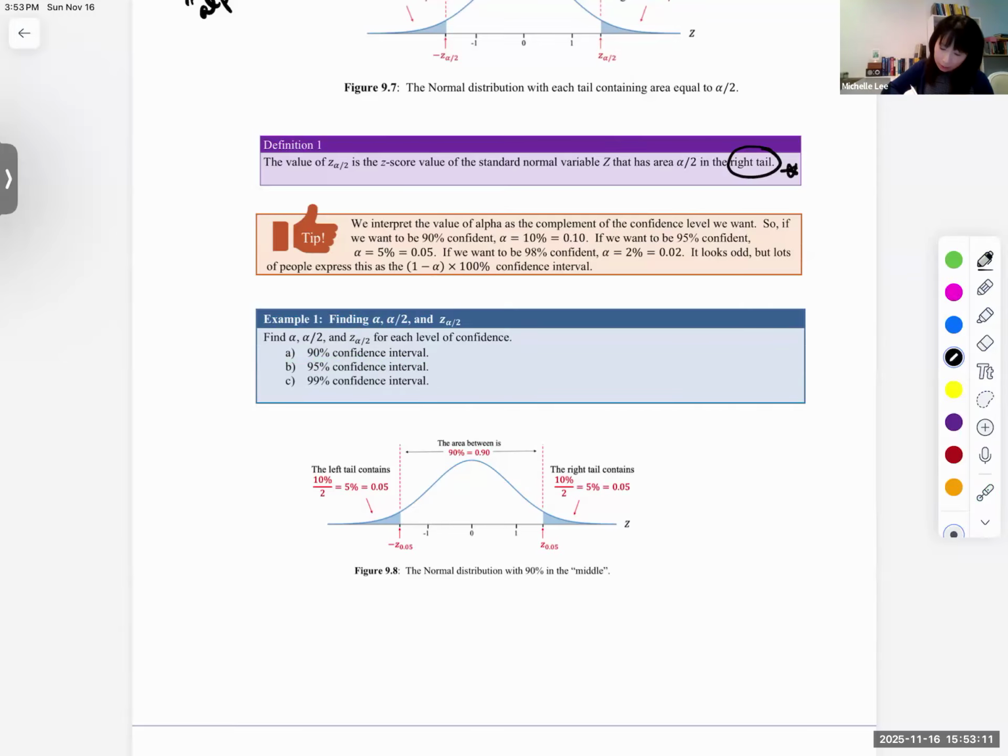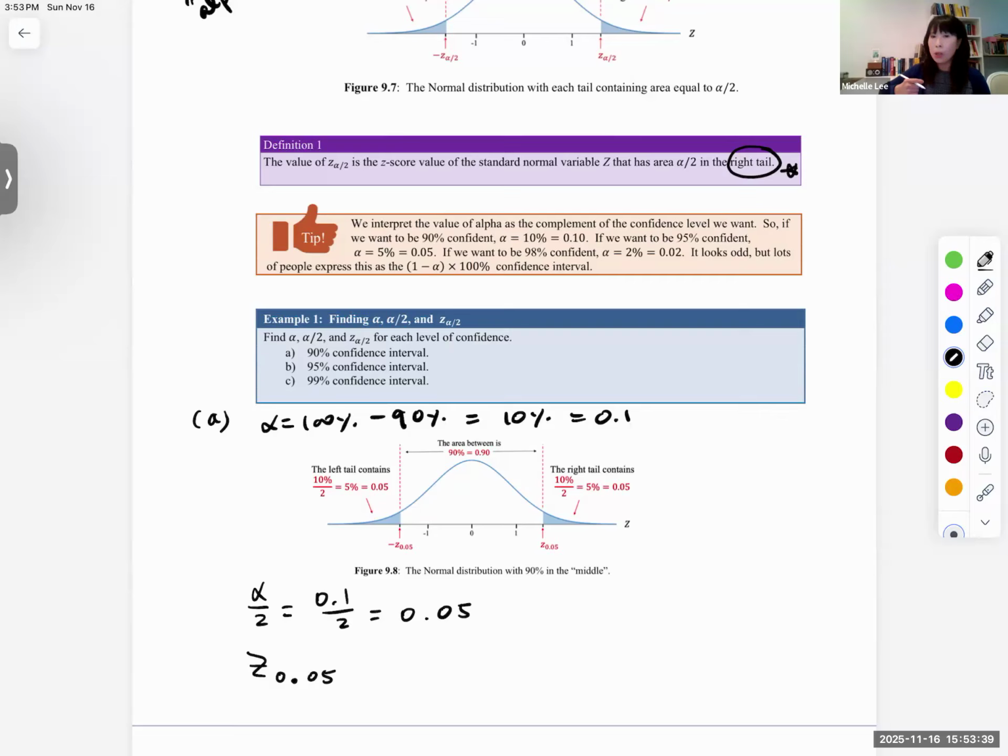So alpha will be 100% minus 90%, which is 10%, which is 0.1. Then alpha over 2 is 0.1 over 2, that will be 0.05, right? So there will be z sub 0.05, and 0.05 means the area of the right tail. Now, how do we get the z-score?